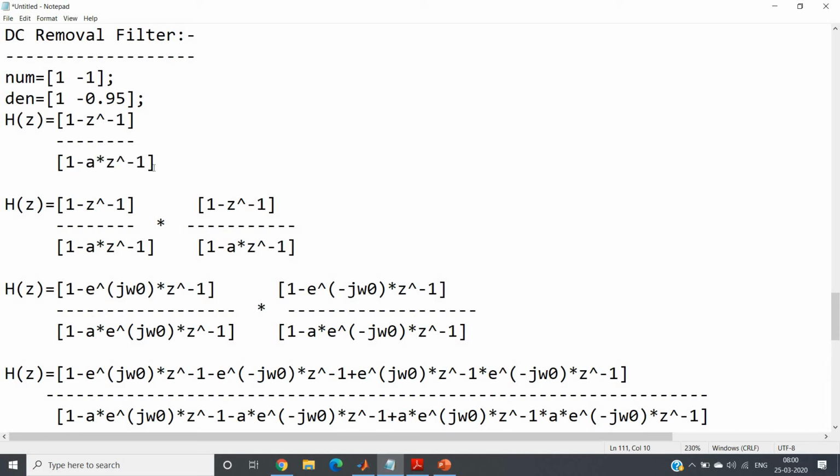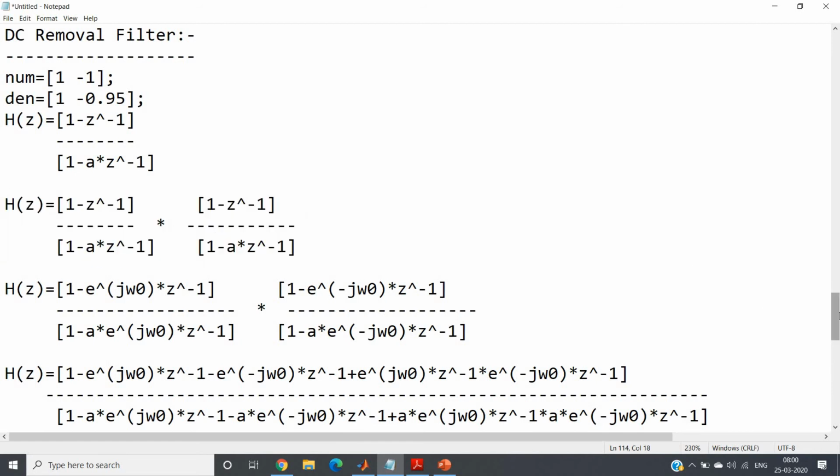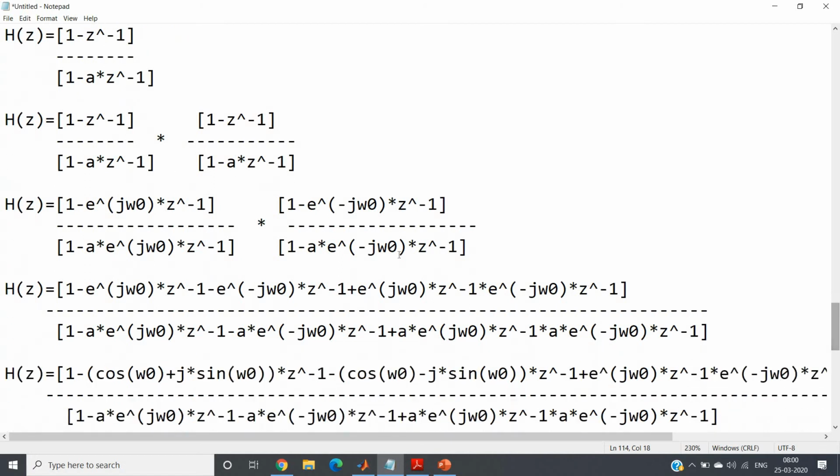Now what I have told you, I require two DC removal filter responses. One I will shift to the right-hand side, another to the left-hand side. So I have taken two DC removal filter responses and multiplied them. Now I have to shift the poles and zeros by multiplying by e to the power j theta and e to the power minus j theta.